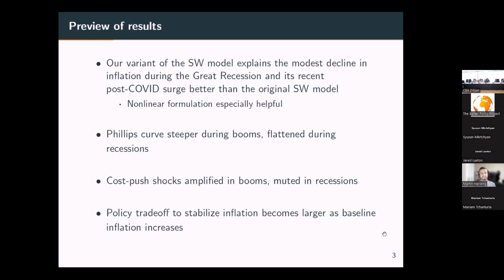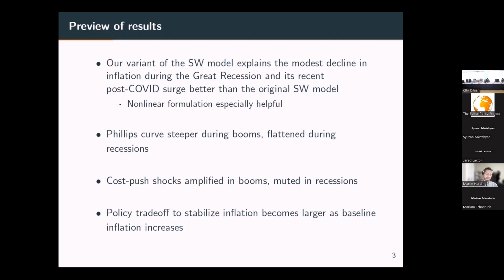And here, the nonlinear formulation will be especially helpful, because the nonlinear model is able to leverage the state-dependent demand elasticity that is embedded in the Kimball framework. And as I was saying, this gives us a Phillips curve that is steeper during booms and flatter during recessions. We are also going to have cost-push shocks that are amplified during booms and muted during recessions.